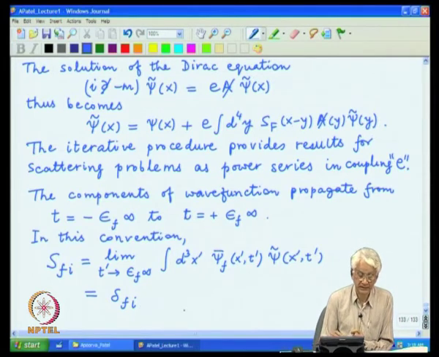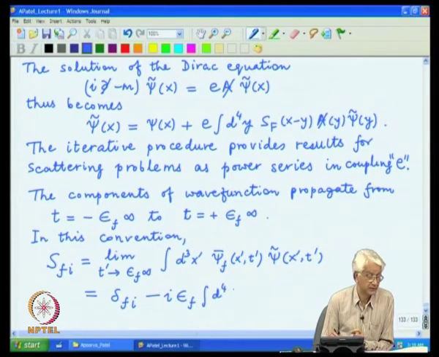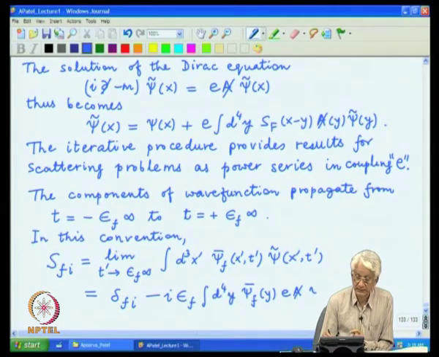But then the second part now explicitly gives the overlap, and that can be now written as i epsilon f d^4 y psi f bar y e a slash psi tilde of y.